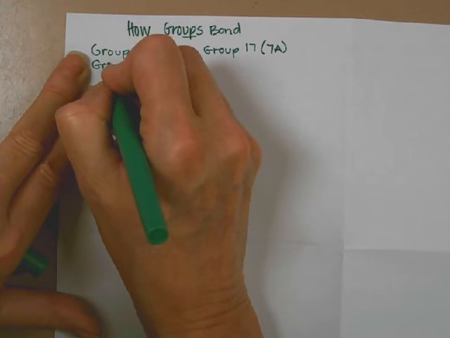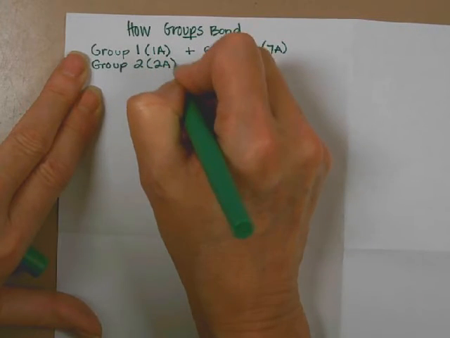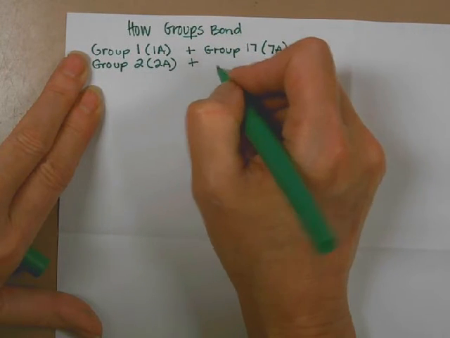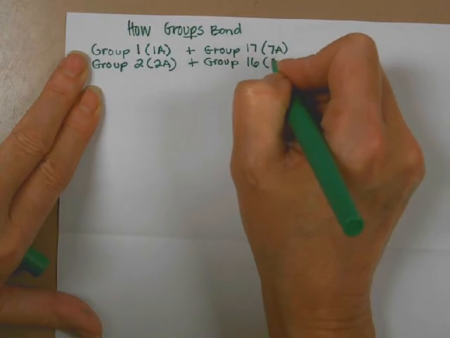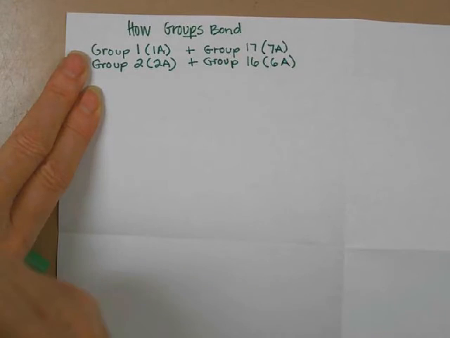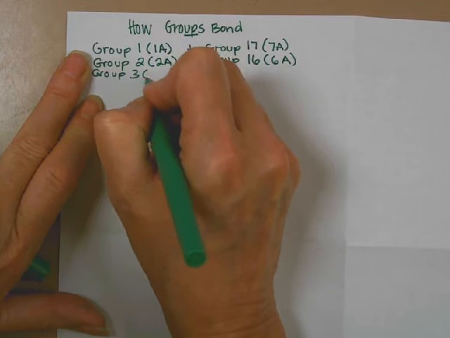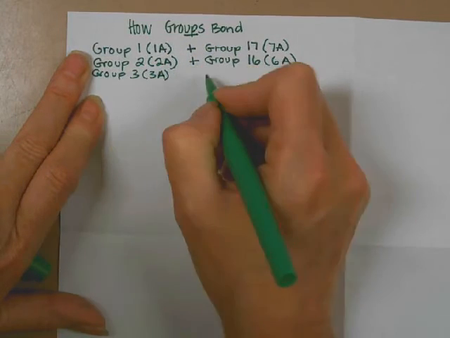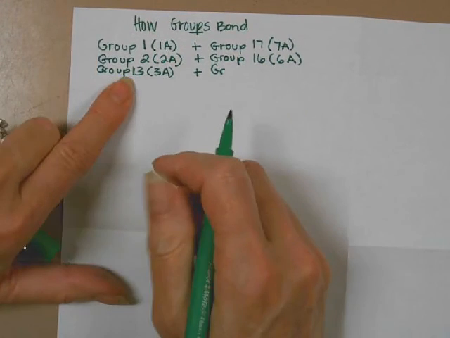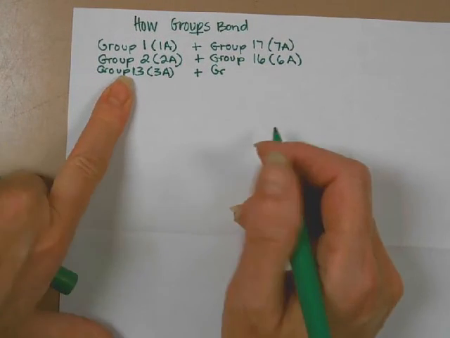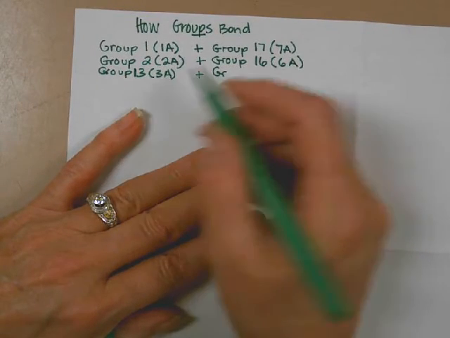And group 2 with 2A wants to bond with group 16, which has 6A. And then group 3 with 3 valence electrons. Since they want 8, they're going to bond with group 13, sorry. Remember, it's 1, 2, skip the transition metals, and then 13. So group 13 has 3 valence electrons.